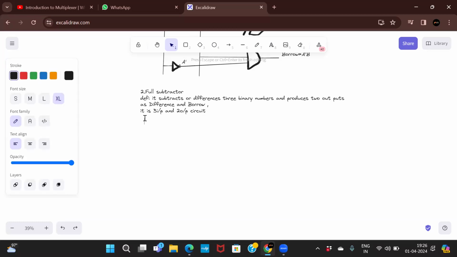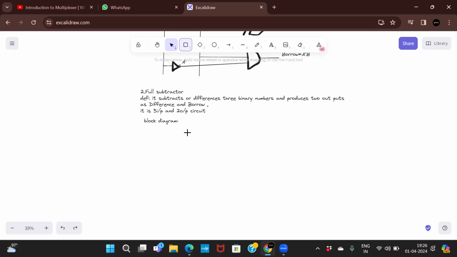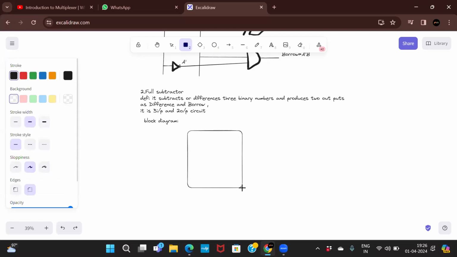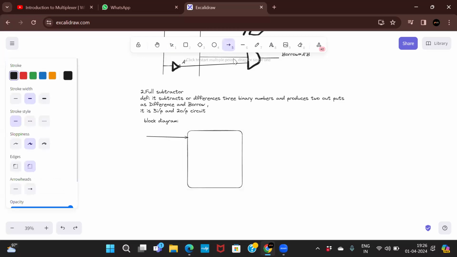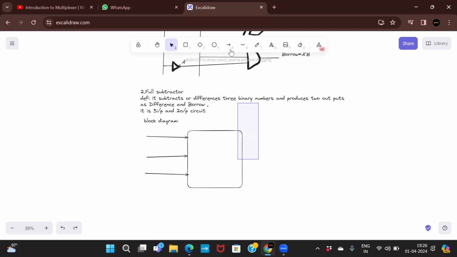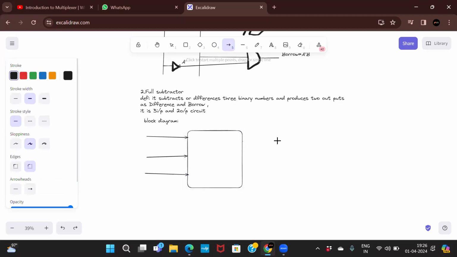And the block diagram for this. Now just consider a box, and connect three inputs: input 1, 2, input 3. And how many outputs? Two outputs.